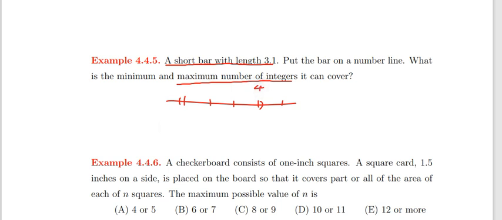So the minimum number, let's say from here, 1, 2, 3, like this, right? Yeah, so the minimum number should be 3.